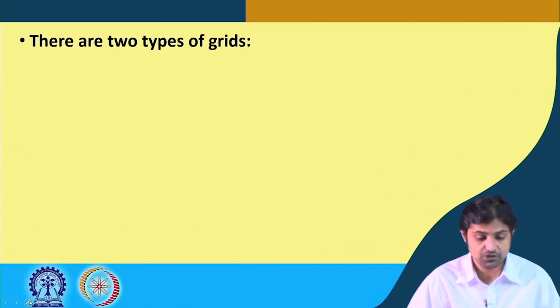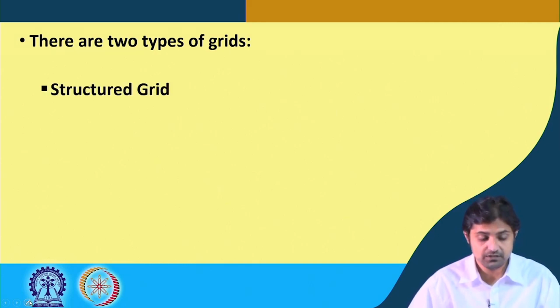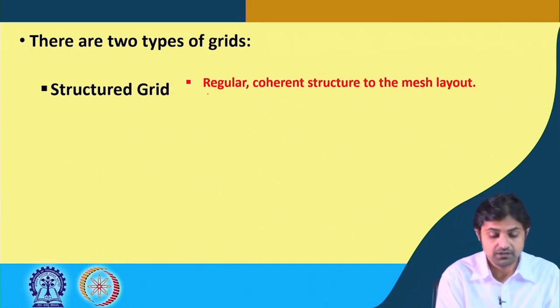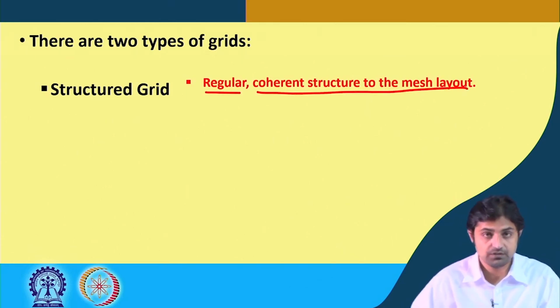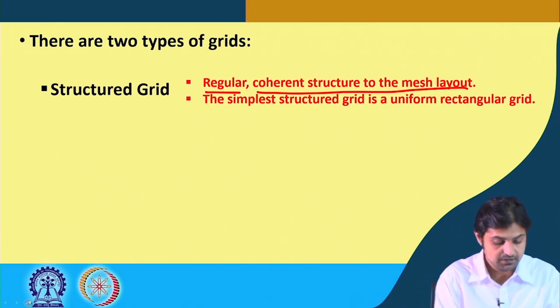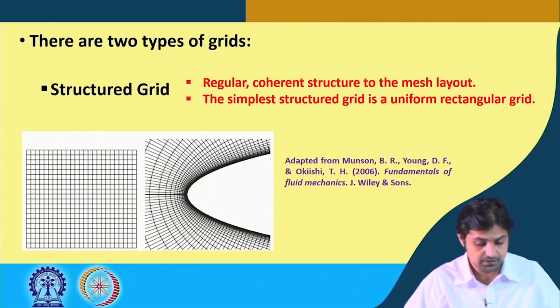So there are actually two types of grids. One is a structured grid, and structured grid means the grids are regular and have a coherent structure to the mesh layout. Okay, these are the simplest structured grids, and they are generally uniform rectangular grids.